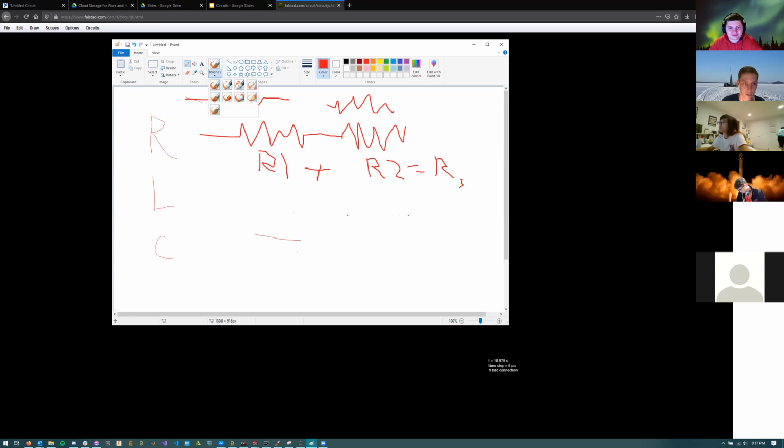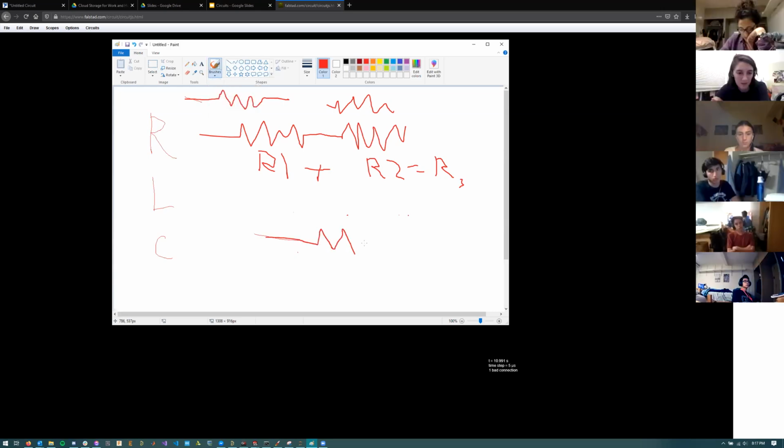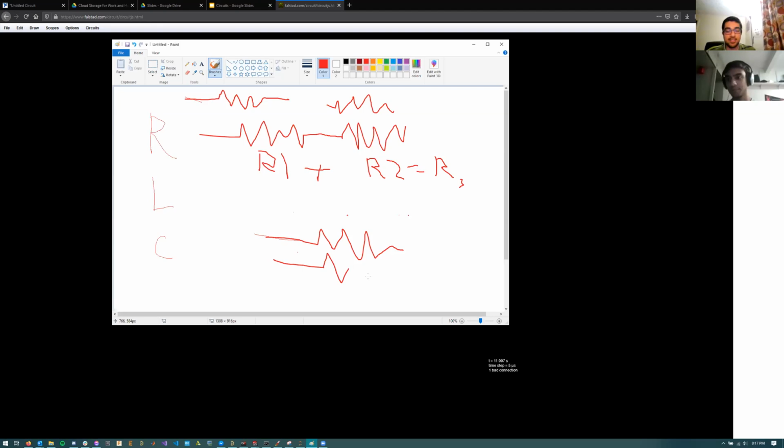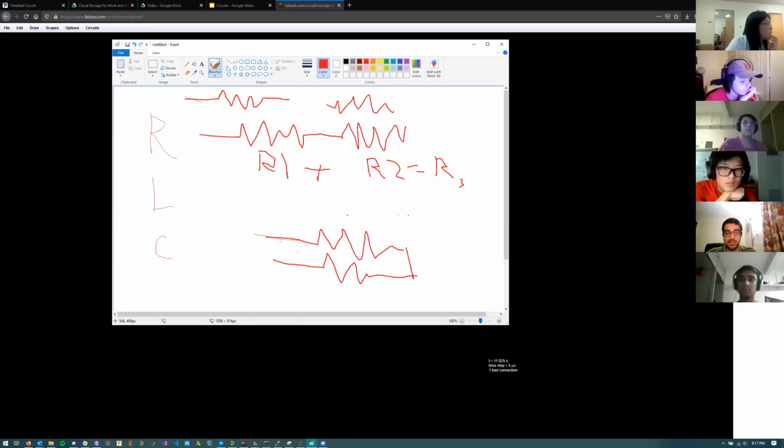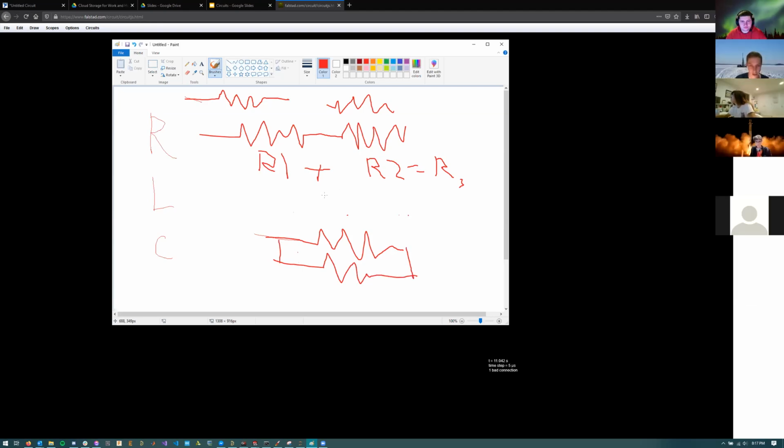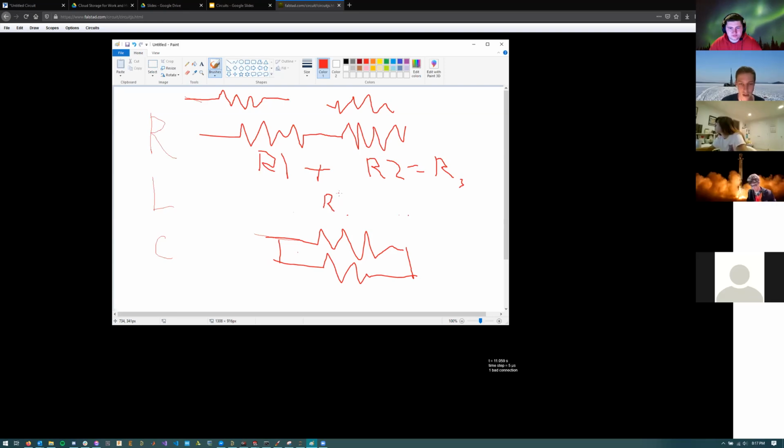So if we have resistors in parallel, we'll do 1 over like this. R3 equals 1 over R1 plus 1 over R2, and invert that.